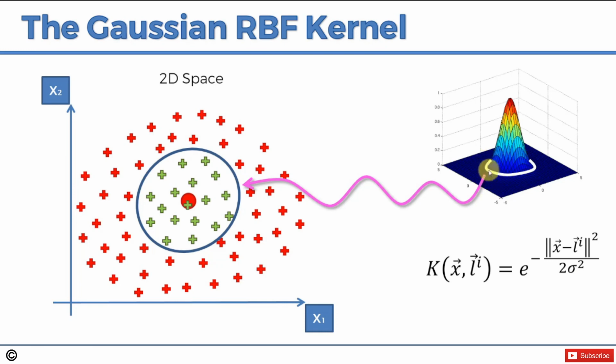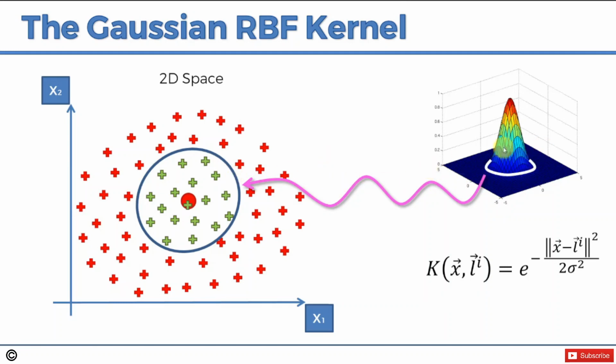Anything outside the circumference, all of this blue stuff, so basically all of these red points, will get a value of 0, or a value very, very close to 0, if you apply this function. If, on the other hand, any point falls within the circumference, based on this function, it'll get a value above 0. And that is how we can separate the two classes, the green from the red.